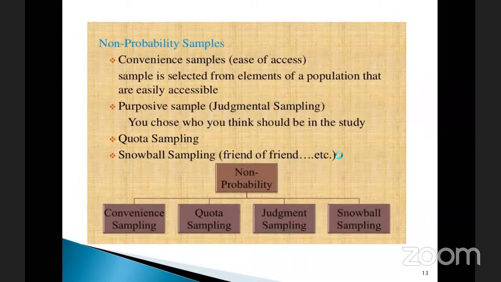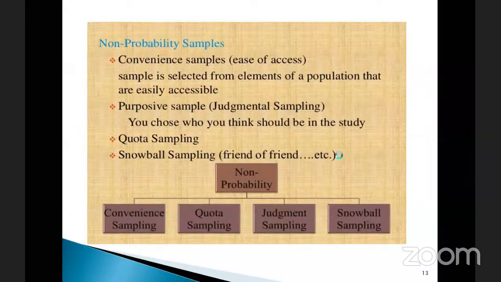That is consecutive. Consecutive means as they come. It is also convenience in the sense that you do not have a list of all the hypertensive patients, but what you simply have is those who are attending on that particular day. So it's convenience to you. We call it convenience sampling, the ones you can access.